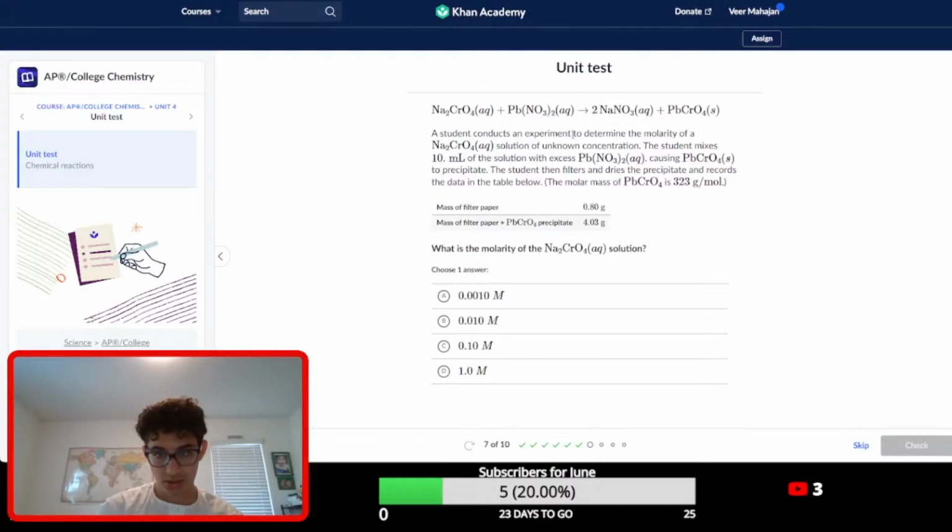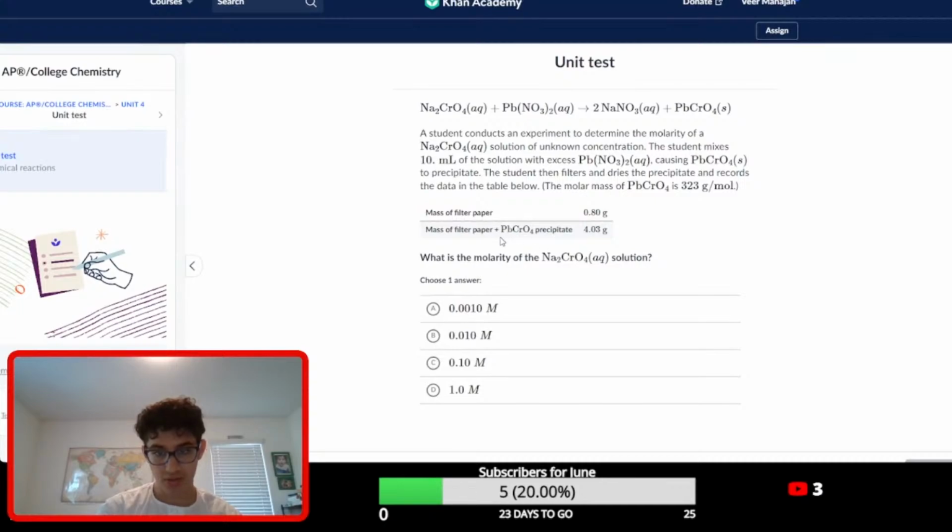Okay, again, this thing. So over here, the mass of the precipitate will be 3.23 grams. And they're 10 milliliters. So what are they asking for? They're asking for the molarity, and there's no difference in the ratios, right? So the stoichiometric coefficient of the precipitate is the same as of the Na2CrO4 solution that they're asking for, disodium chromate, I think.